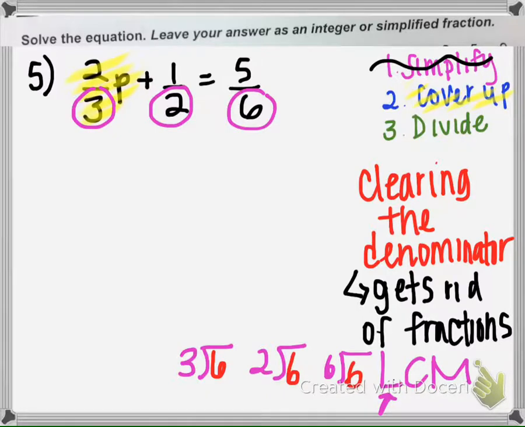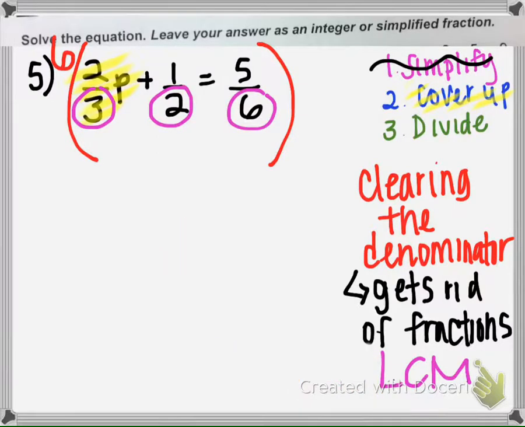So now that I have figured out that the good number to use is 6, I'm going to multiply the whole entire equation by 6. I can do that easily in my head, and remember, whatever you do to one side you have to do to the other.